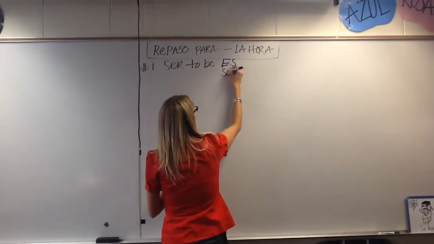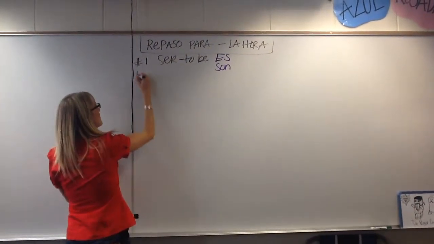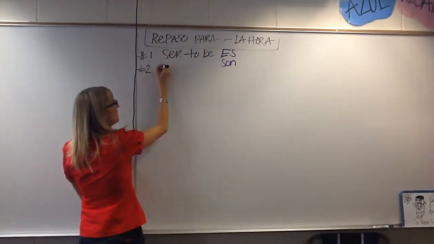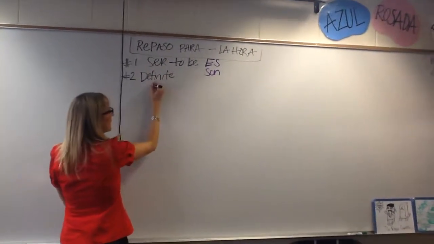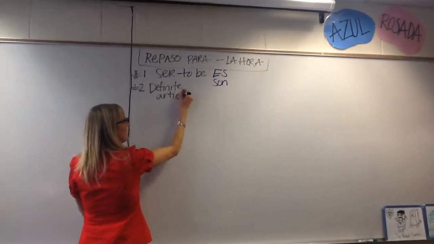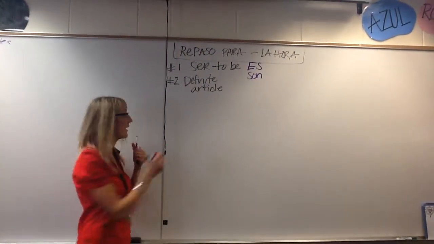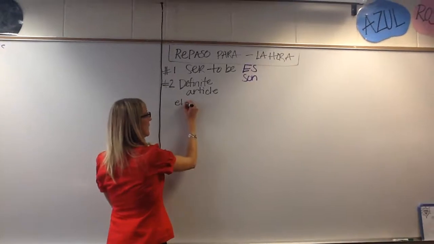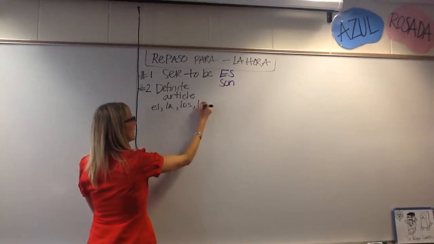Now, time must always have, we should put this in here, it must always have a definite article, okay? What are your definite articles? El. What else? La. Los and las.